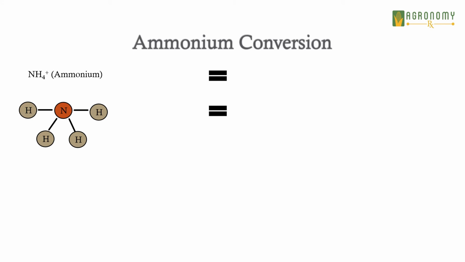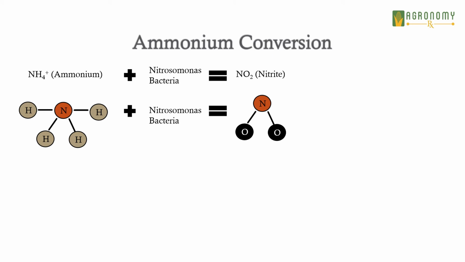So now that we've got it in the ammonium form, let's talk about converting the ammonium form all the way through. This now becomes a biological process, and many of us are familiar with this. Nitrosomonas bacteria in the soil are what feed on the ammonium and convert it into nitrite. Again, this is a bacteria process.